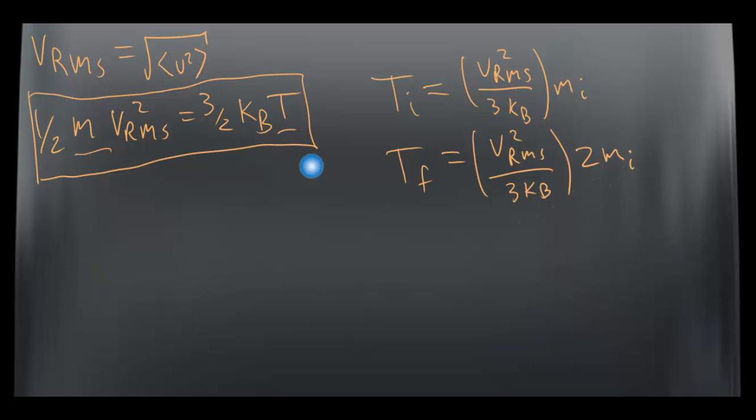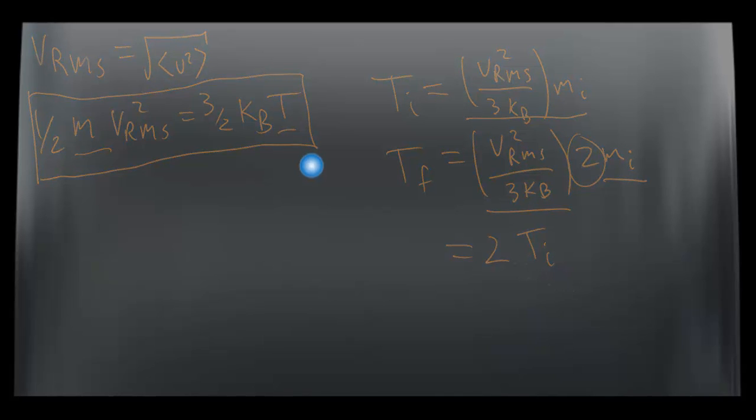It's easy to see here that this and this are the same as what we have up here, and now we just have an extra factor of 2. So we can write this as 2 times the initial temperature. So the final temperature is 2 times as big as the initial temperature.